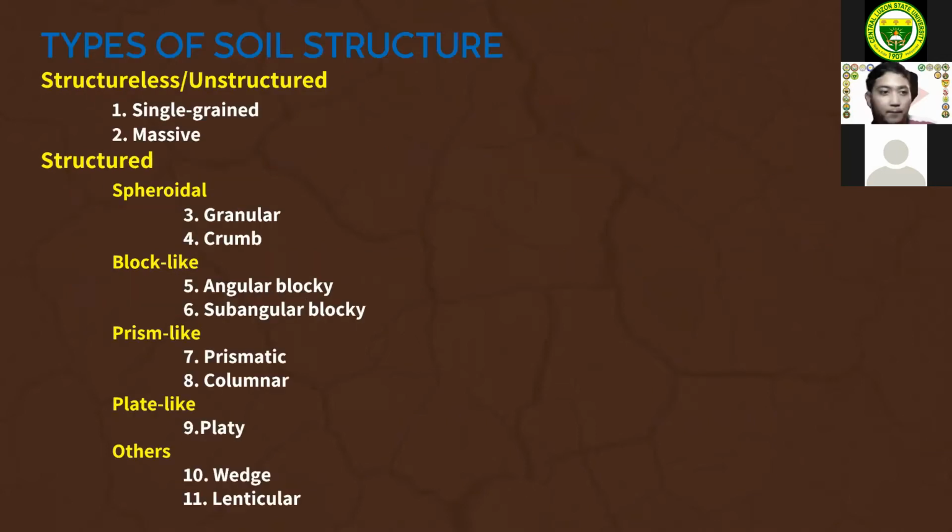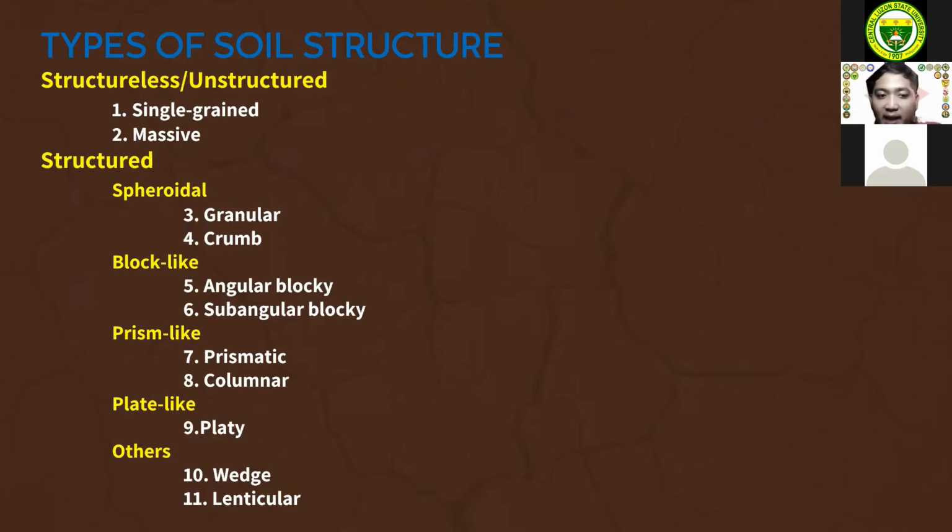Now what are the different types of soil structure? Again, soil structure is divided into two. We have the structureless or yung unstructured, and yung ating mga structured na soil. Under structureless, we have what we call the single-grained and the massive. Under the structured, we have spheroidal, which is divided into two: the granular and crumb.